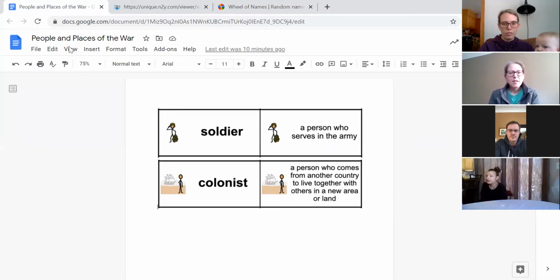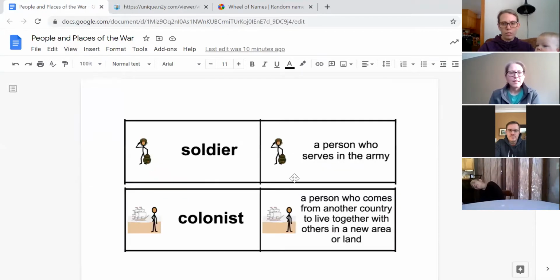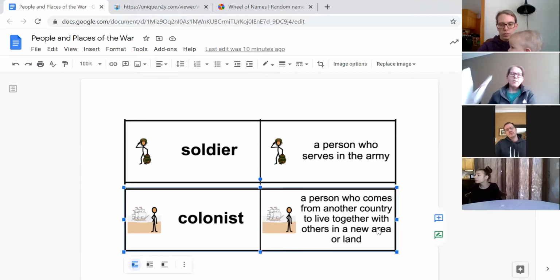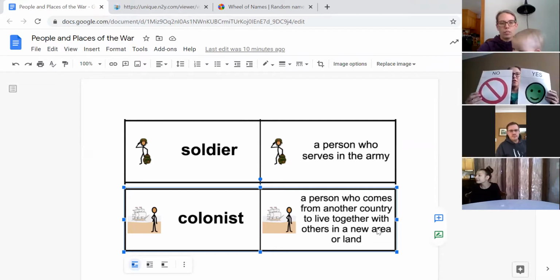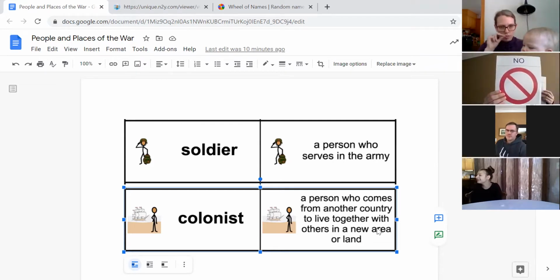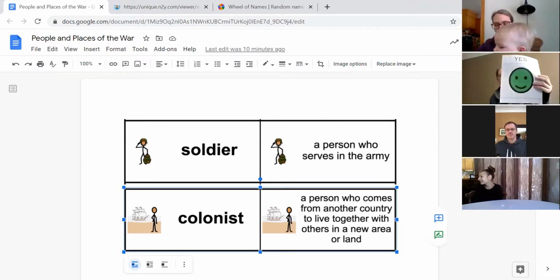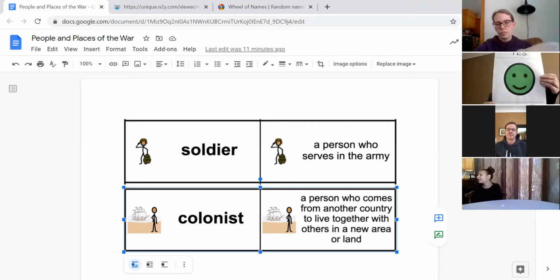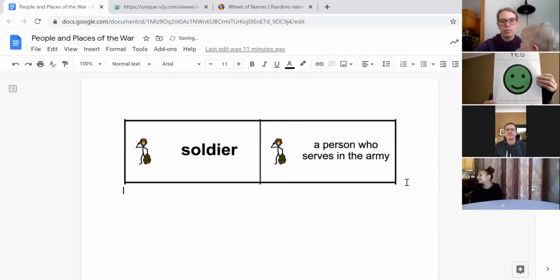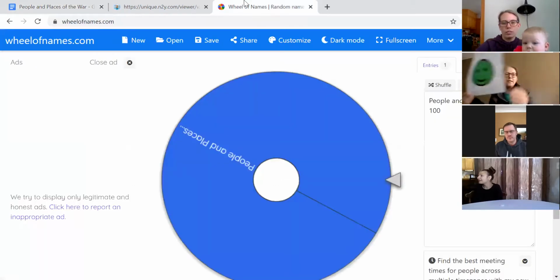And I remembered another word, colony, which is similar. A soldier doesn't really fit that clue, but a colonist does, coming to settle in a new area. So soldier would be no, but colonist is the word that matches that clue. Yes for colonist.